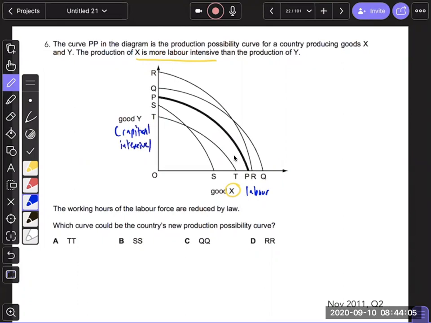And the government is reducing the working hours. Who will suffer more? Good X will suffer more, or good Y will suffer more? Good X. Very good. So can I say this?